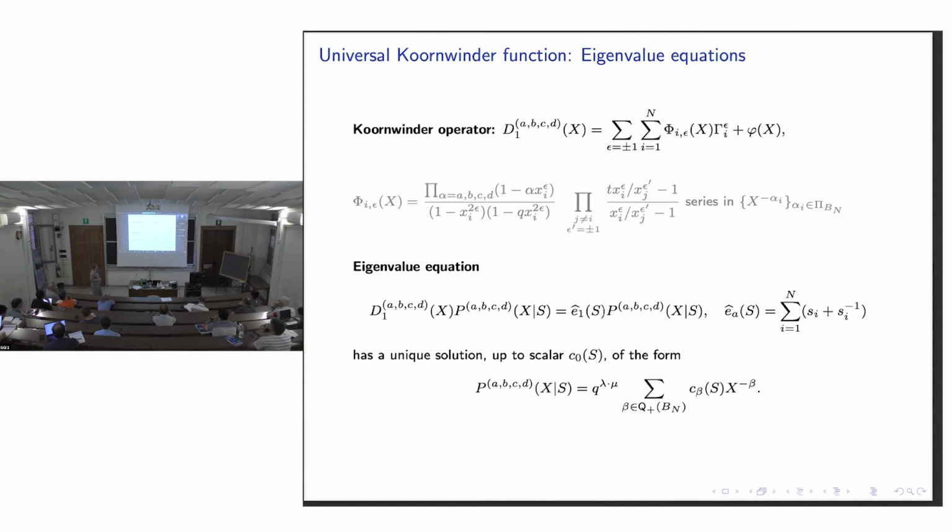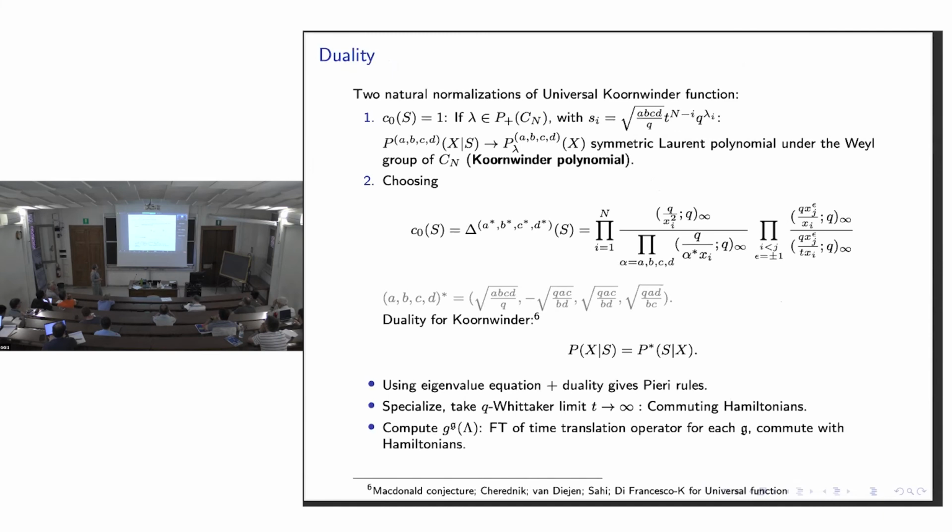And again, this has a unique series solution called the universal function. And again, it has this duality property. The duality property is sometimes new. So it's new for the universal function. Van Diejen and Sahi and possibly Cherednik proved this for each of the root systems, so for the specializations, but in fact, it's true for A, B, C, D arbitrary.